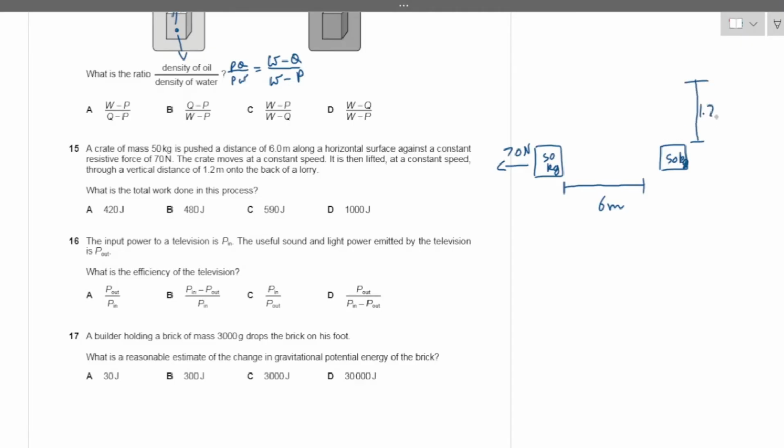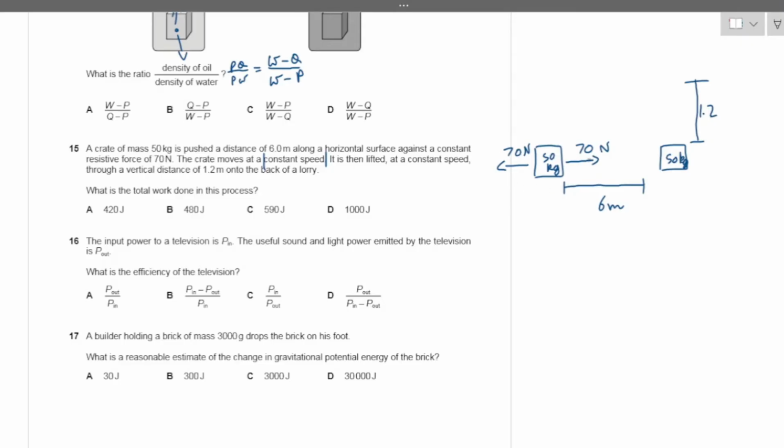So you have work done against gravity and work done against the frictional forces. An important thing to note is constant speed. Constant speed means that the forward force acting on the crate will also be 70 newtons. Equal and balanced forces are what give you constant speed.